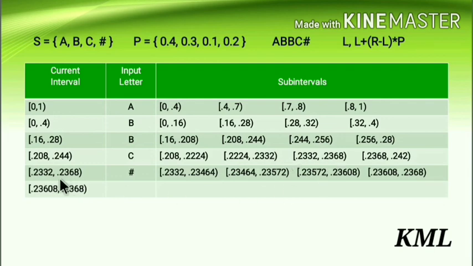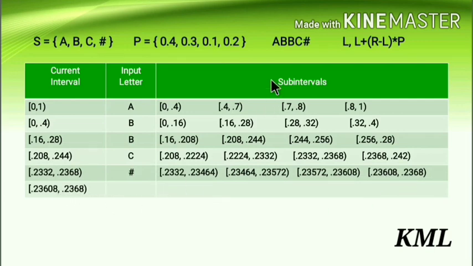Okay, so you have got your current interval. Now take the next input letter, that is hash. So what you have to do, divide this current interval into subintervals first. So after dividing, check the position of hash in source. Hash is at position 4. So you have to select the fourth subinterval as the current interval.